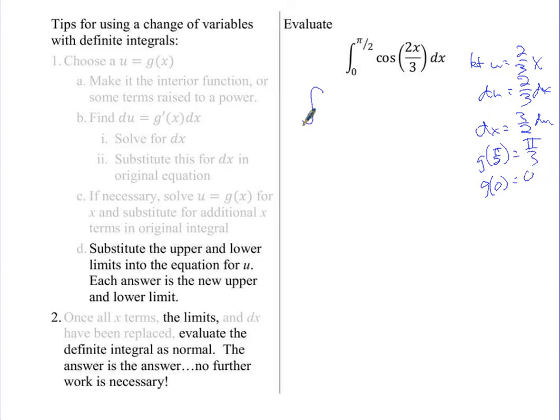We have now the integral from 0 to pi over 3, cosine u, and then dx turns into 3/2 du. 3/2 sticks around, we can integrate. Integral of cosine is sine, because the derivative of sine is cosine. So we have sine u from 0 to pi over 3.